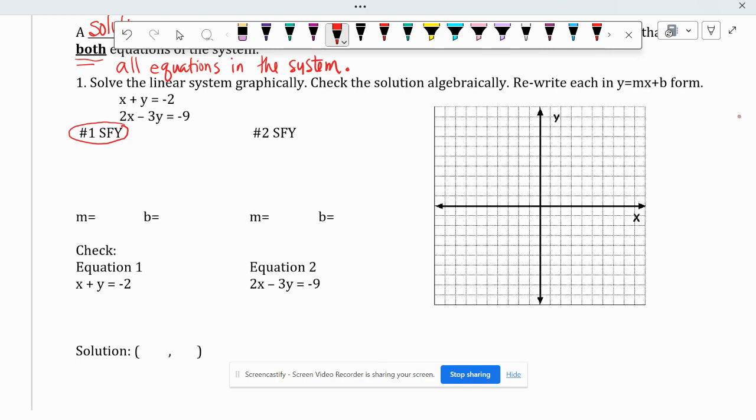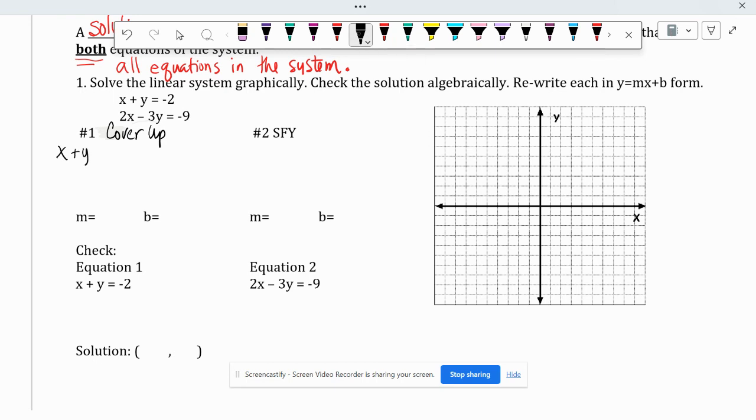But on some of the equations, I'm going to use the cover-up method because I want to remind you of the cover-up method. So for equation number one, instead of solving for y, we're going to use the cover-up. Remember, the cover-up method is just the intercepts.